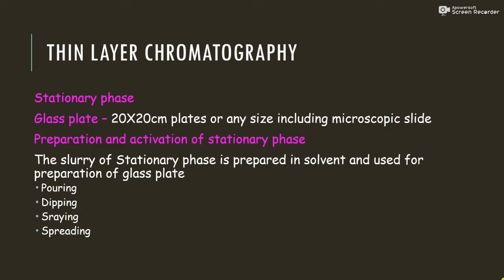The slurry is prepared using silica gel G, which is for the TLC plate, mixed with water to a good, pourable consistency, and that slurry is used as a stationary phase. Then the plate is made by 4 different techniques: pouring, dipping, spraying or spreading. We have used the pouring technique.